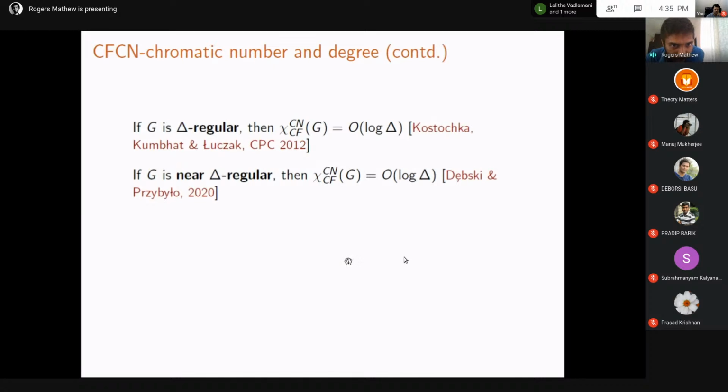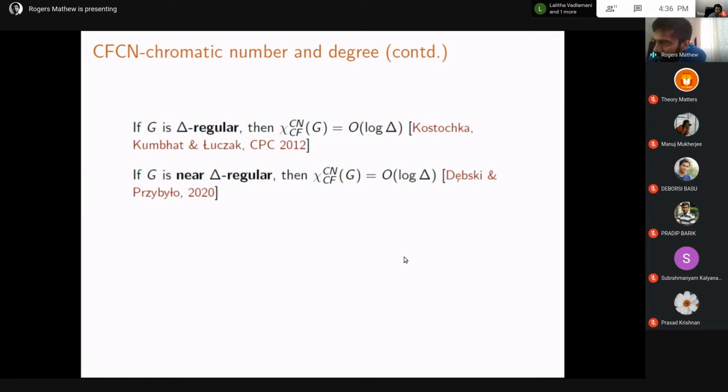So what do we mean by near delta regular? The first statement requires that every vertex in the graph has degree exactly delta. But the second statement says that you can relax it a bit. The minimum degree is at least some alpha delta, where alpha is less than 1, say 1 by 100. So every vertex has degree varying from alpha delta to delta.